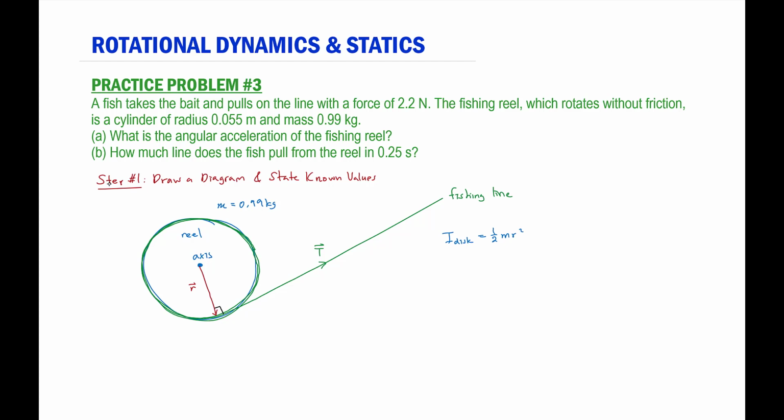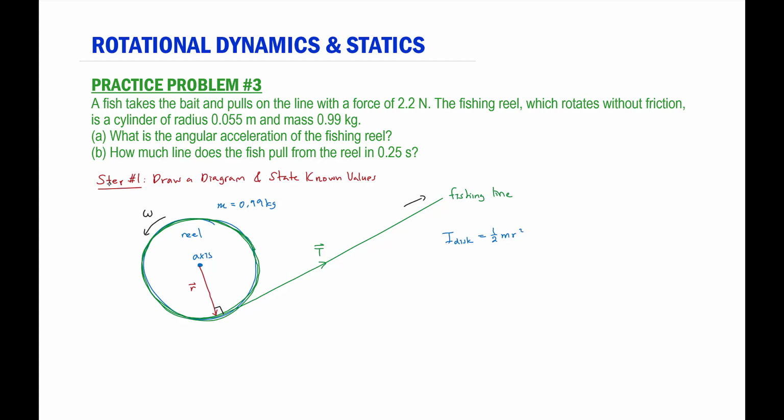Next, we know that the reel is probably rotating in this direction at some sort of angular speed. And because of this, we're going to get more and more of the fishing line out this way. So that means that we want to figure out in part B what happens in 0.25 seconds.